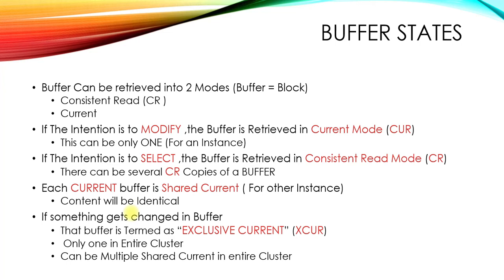There can be multiple shared current blocks in the entire cluster, and every shared current will be identical. Shared current will be multiple, consistent read will be multiple, but the exclusive current will be only one, and that will be the latest version of the block with the latest SCN stamped on it. Remember that.